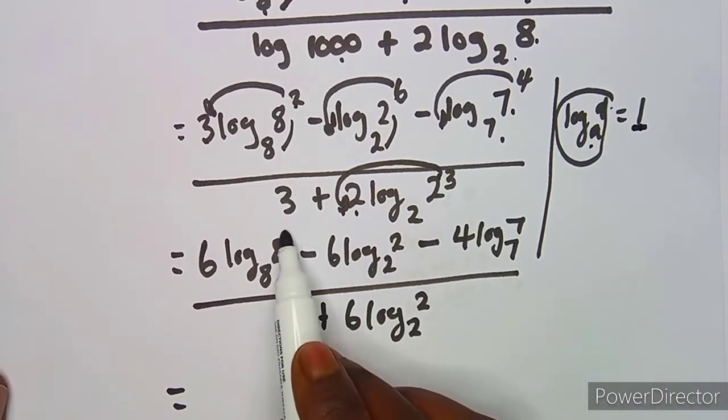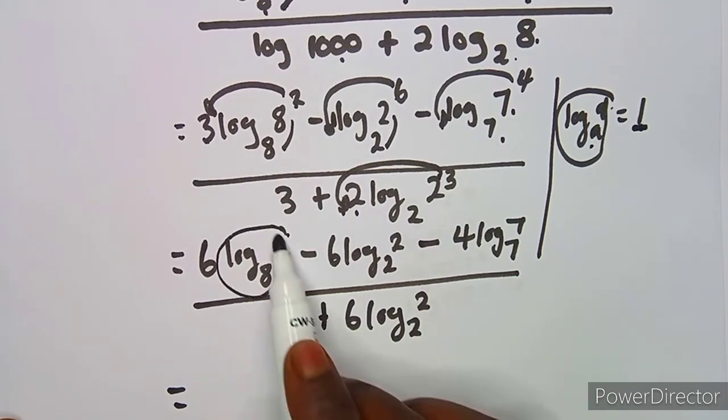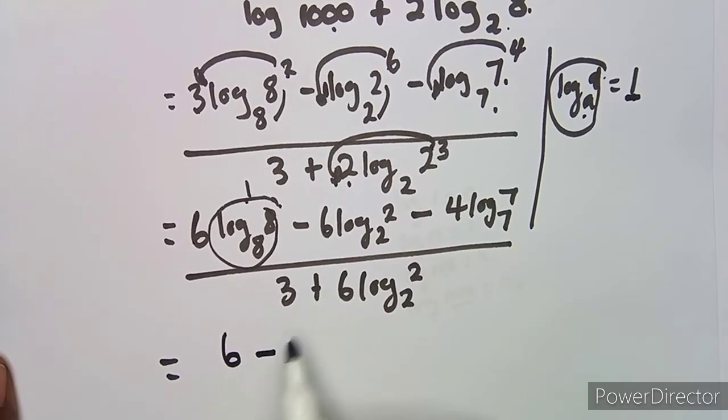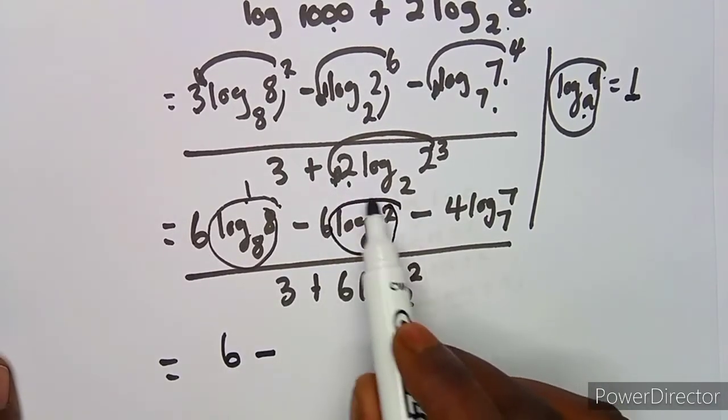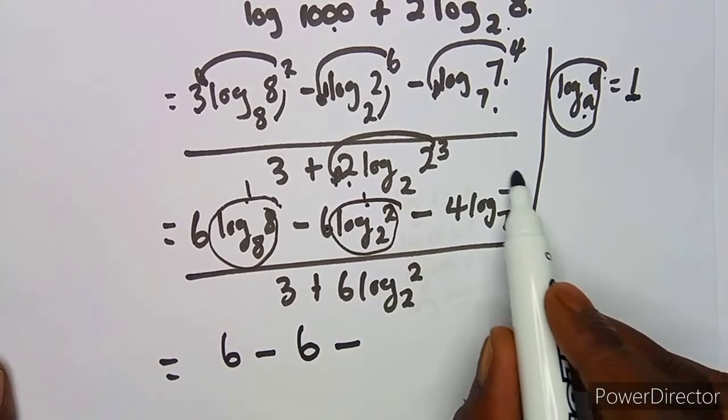So that means this whole part here is going to give us a 1. This whole part, that's a 1. So it's 6 times 1, which is 6, minus the same thing here. This is a 1, so it's 6 times 1, which is 6, minus the same here.